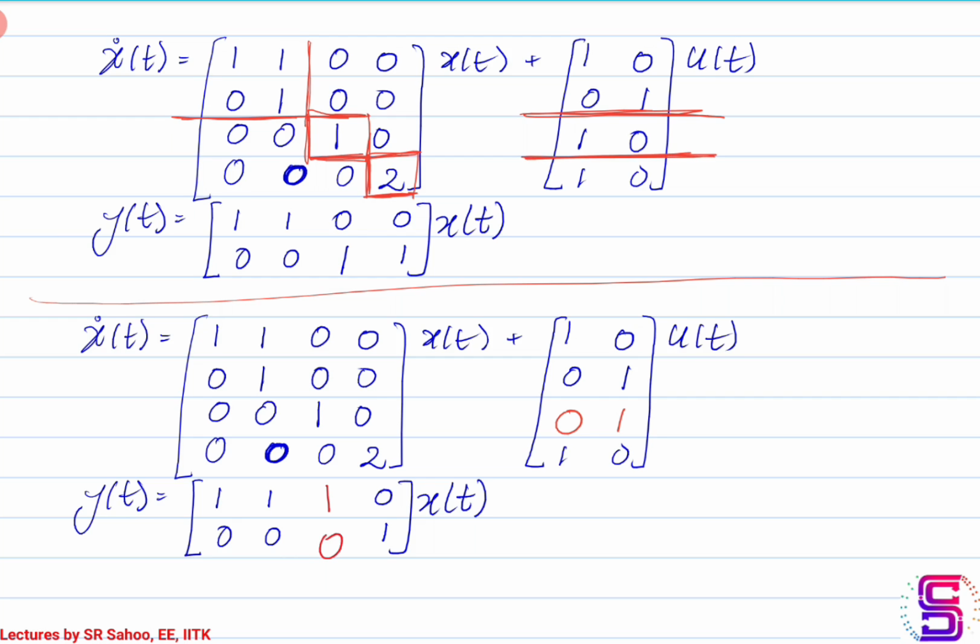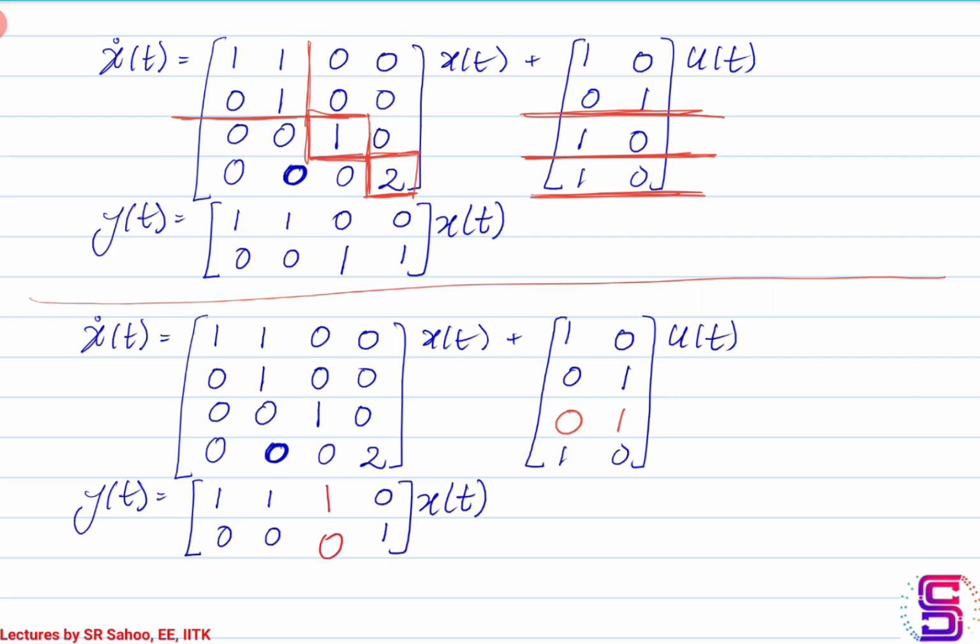The eigenvalue 2 has a Jordan block of size 1. Again, there will be 1 row from the B matrix corresponding to this particular Jordan block. Now if you want to analyze controllability in such a case, we'll first check for each eigenvalue. Corresponding to 1, there are two Jordan blocks.